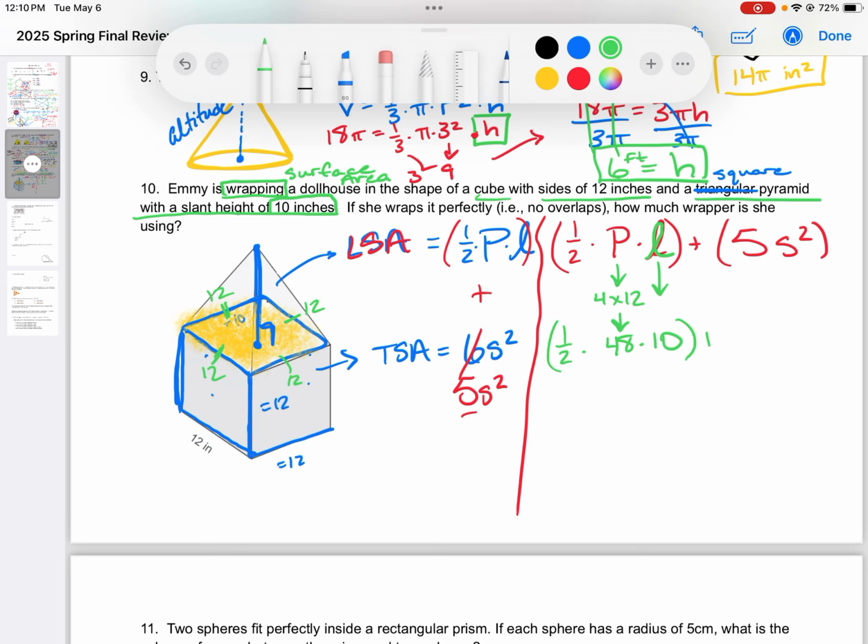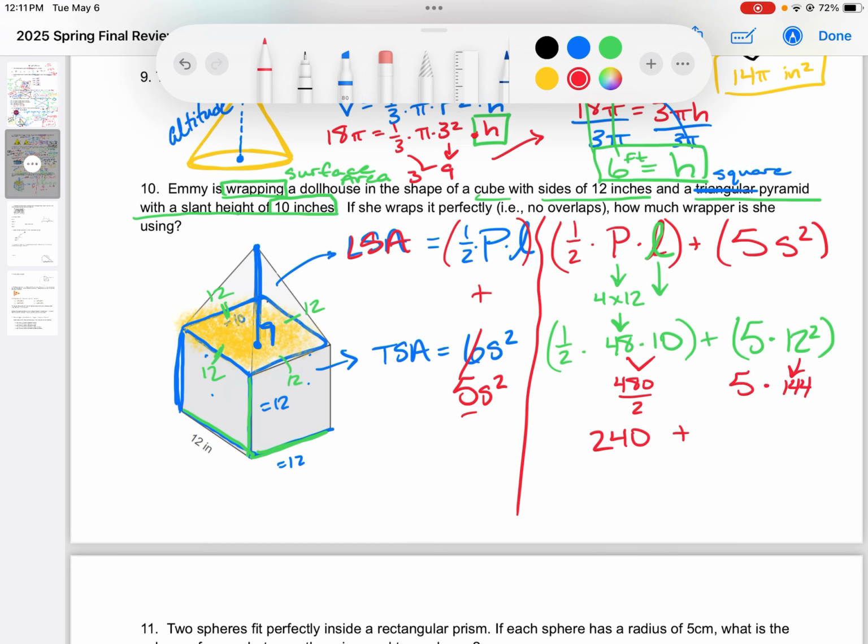So we're going to do 1/2 times 48 times 10, and we're going to add 5 times the side squared. And if you look, the sides of this square are all 12. So it's going to be 5 times 12 squared. Now we need to do what's in parentheses. 48 times 10 is 480, divided by 2 is 240.